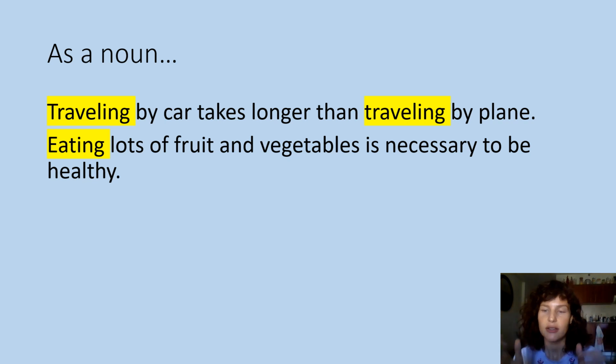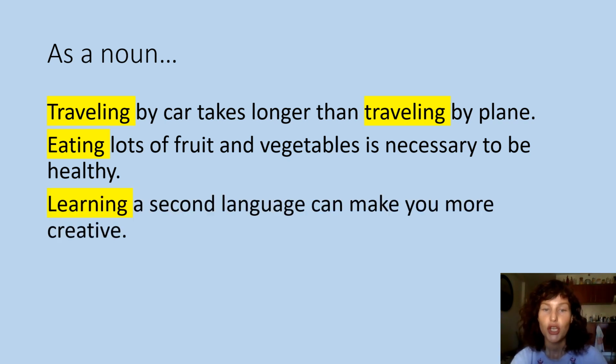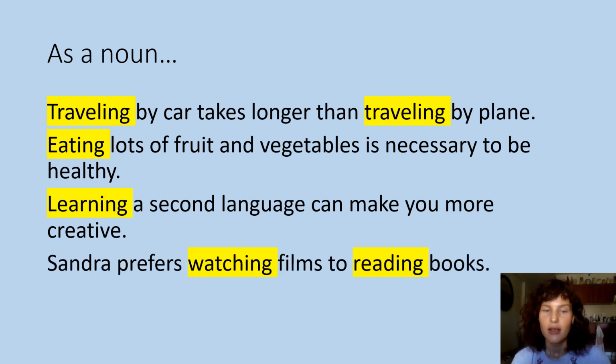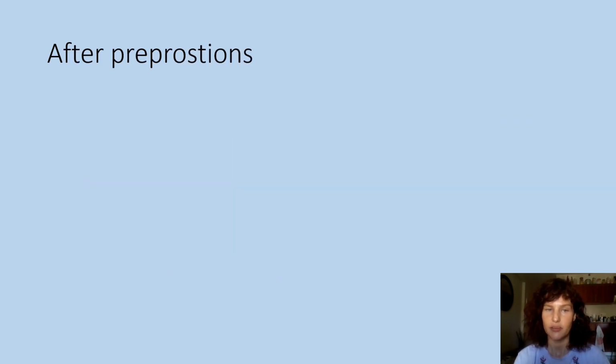It's the idea, right? Learning a second language can make you more creative. This is true, actually. So you guys are all really lucky. You speak 2 languages. Some of you might even speak 3 languages, which would make you extra creative. Sandra prefers watching films to reading books. So we're talking once again about the idea of the action, okay?